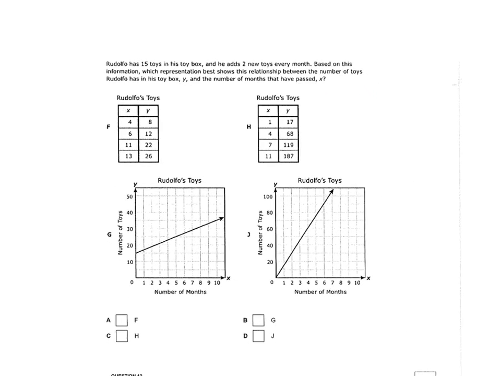Rudolfo has 15 toys in his toy box, and he adds 2 new toys every month. Okay, so if he has 15 toys, he starts with 15. That's your y-intercept. So if we look at F, if we had to work our way backwards, ideally we would be working backwards to get to 15, but it's already at 8. So it wouldn't be possible to get back to 15.